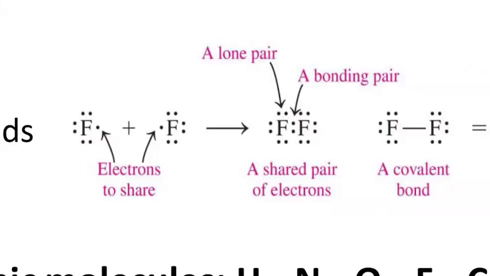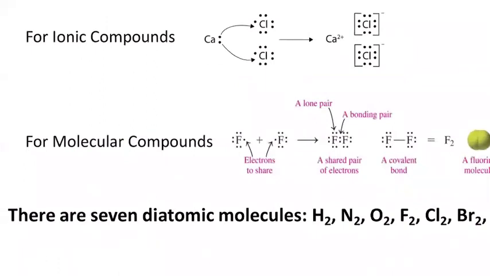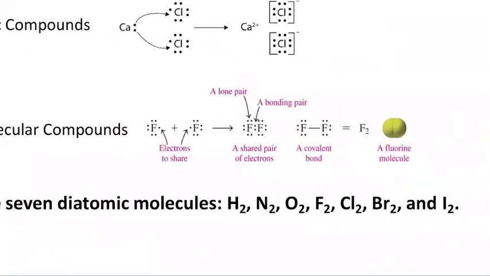There are a series of other elements that also form diatomic molecules. As you can see here, hydrogen, nitrogen, oxygen, fluorine, chlorine, bromine, and iodine are the 7 elements that form diatomic molecules. All of these, because they are nonmetals, are going to make covalent compounds.